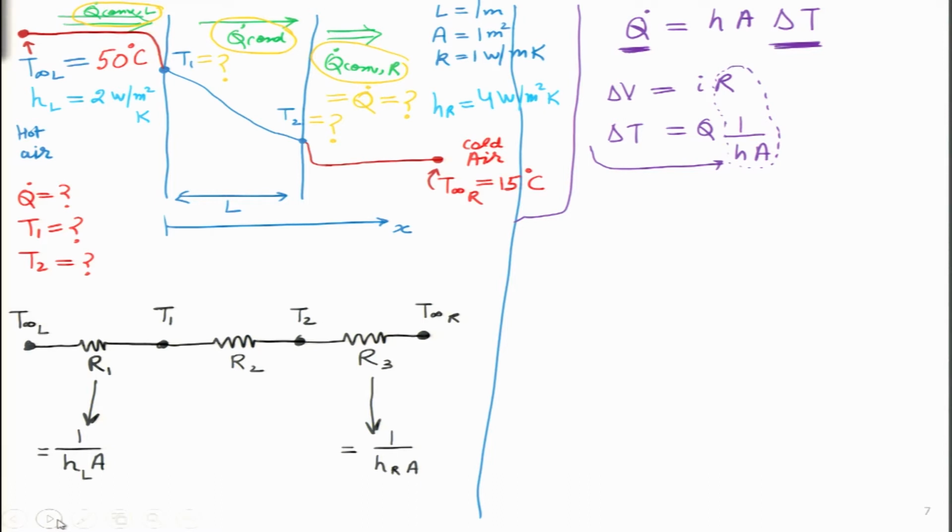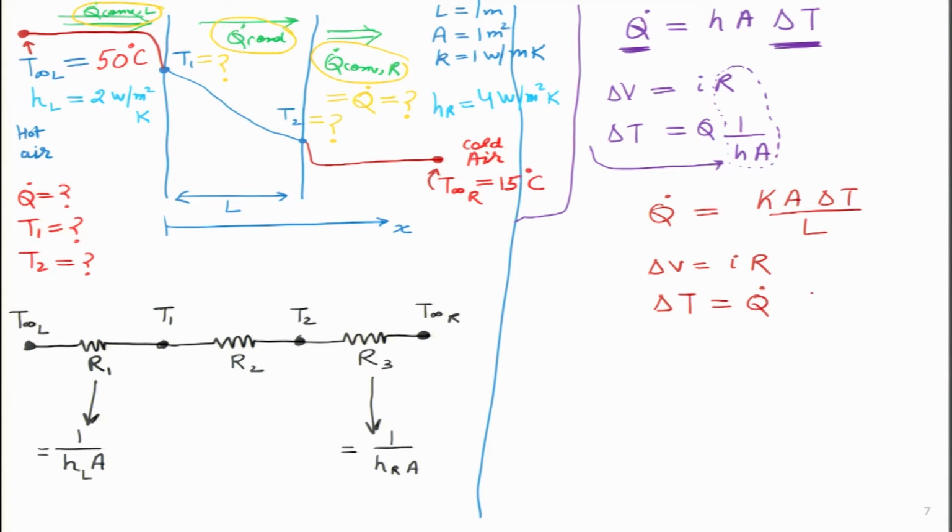Maybe I can do the same analysis for conduction as well. For conduction, Q dot is essentially K A delta T by L, and this I also want to write in terms of delta V equals I into R. Over here my delta V becomes delta T, and I, the current, becomes the rate of heat transfer.